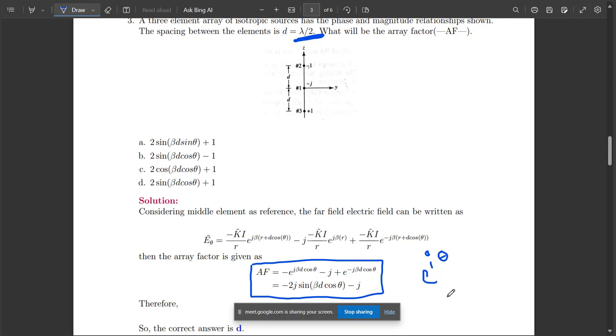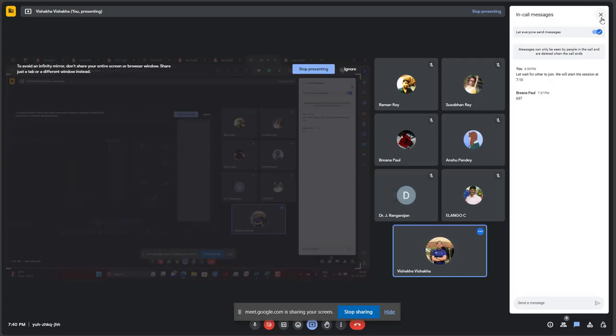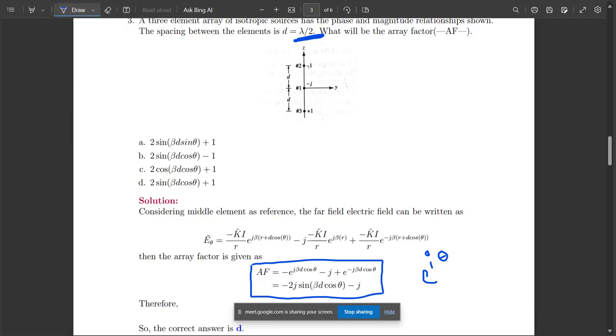Do you remember that? So this is what has been done here. The whole thing is converted into sine and cos terms, and the array factor comes like this.